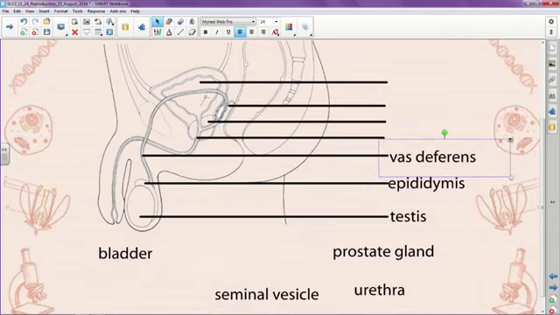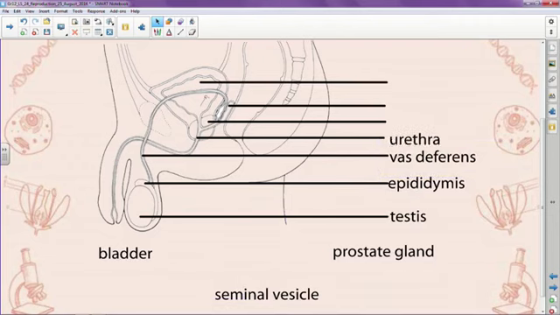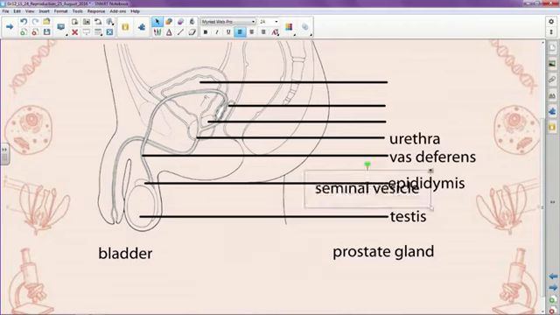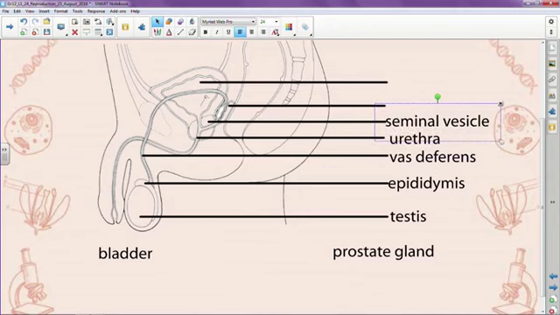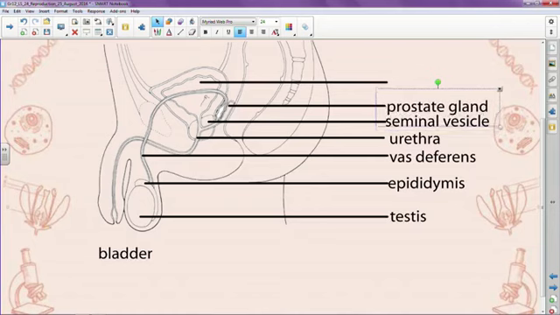Then it'll be your urethra. After your urethra, you get your seminal vesicle. Then you will get your prostate gland. And then lastly, you get your bladder.